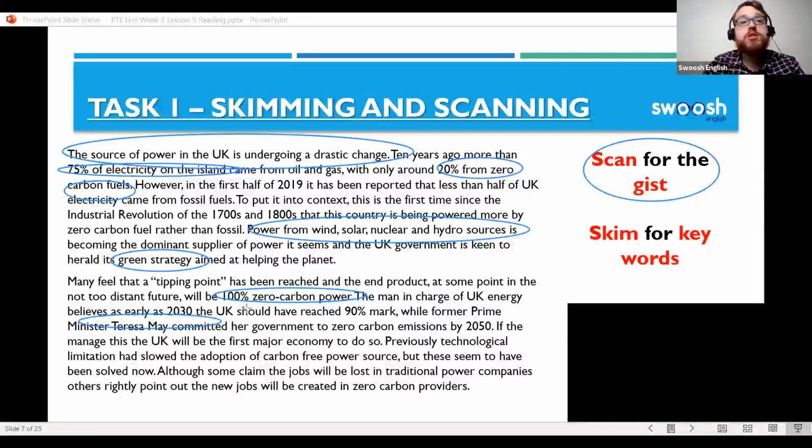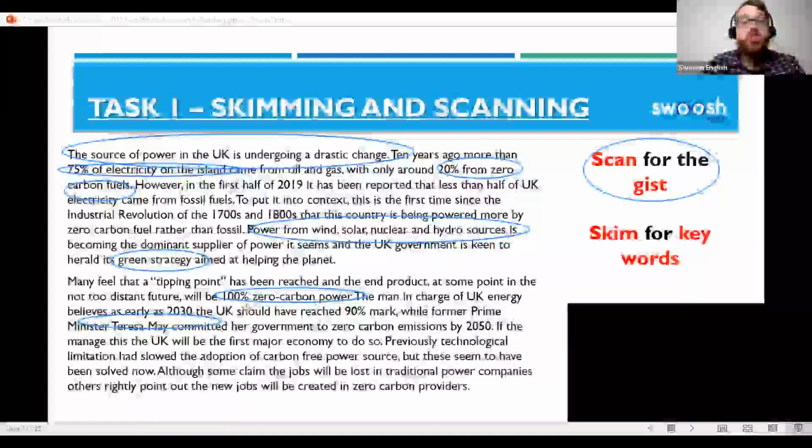These are the keywords. If we put these together, then these serve the idea of the gist pretty well. But we want to use these keywords in our understanding because these will often be compared to the information that we're trying to get when we get into our question. So just to recap, the gist is talking about how the UK is changing its use of energy, and some of these keywords give some information about how it's changing its energy.